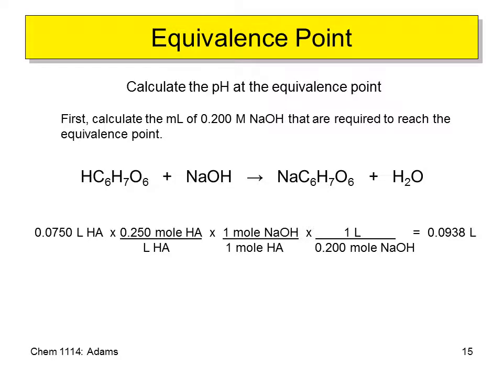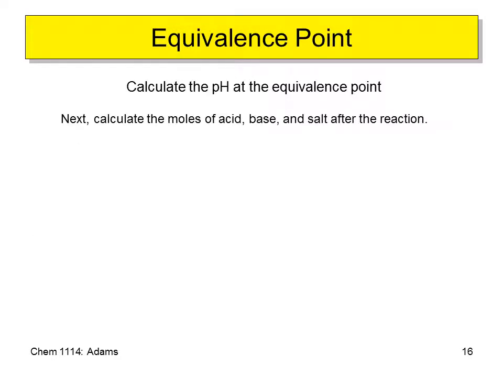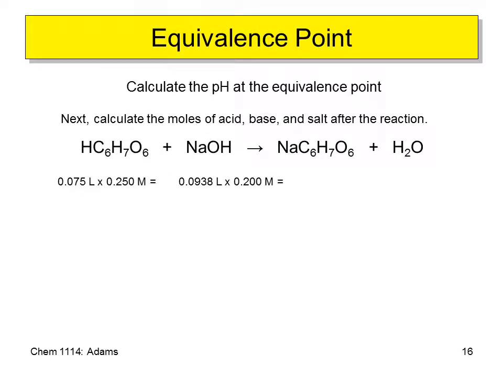Moving on with part D, we're going to calculate the pH at the equivalence point. We are going to use our first step, an ice moles table, to calculate the moles of acid, base, and salt present after the reaction. Now, hopefully you've realized by now that there is only one thing that should be present, and that is the salt. But we're going to confirm this. We're going to use the acid-base reaction equation, and we're going to calculate the moles of our two reacting species.